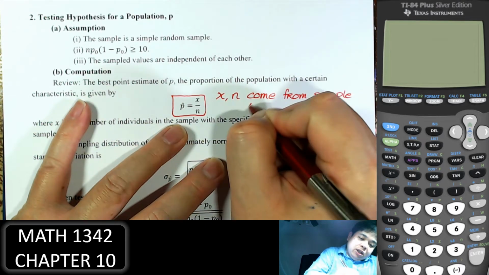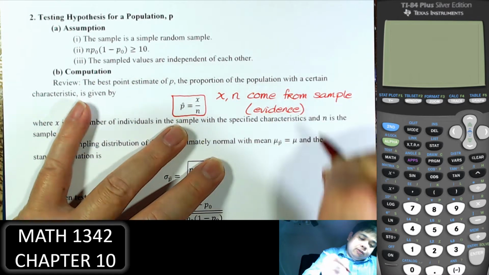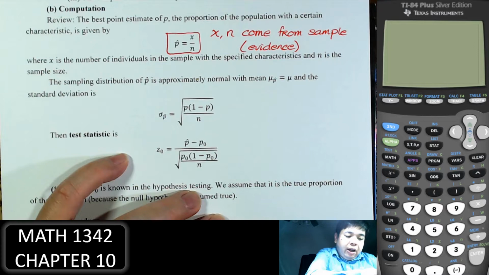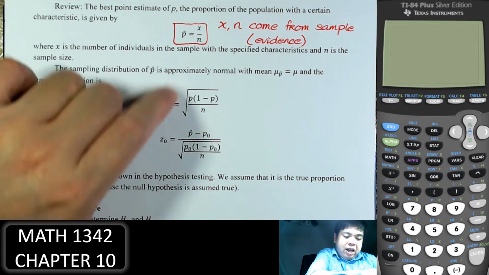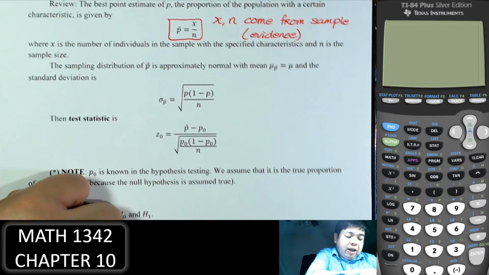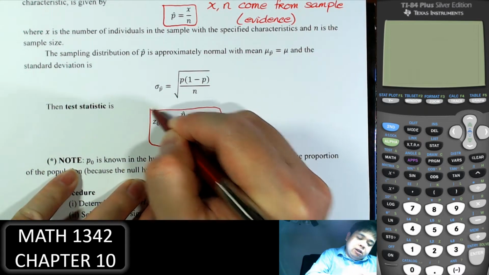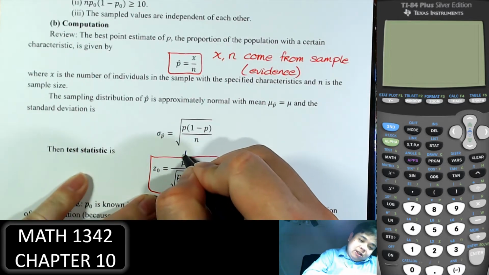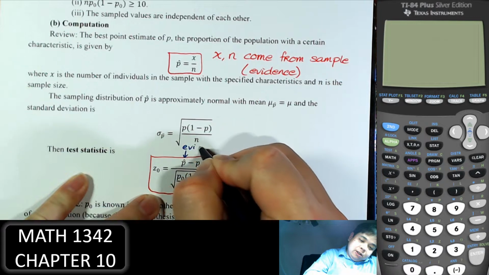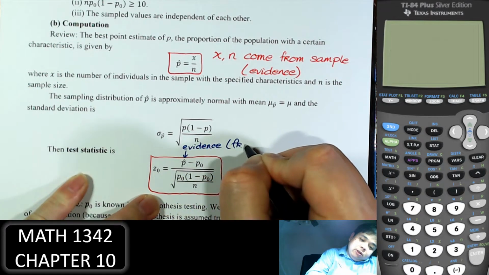And in this case we say that is the evidence. And so we can calculate the standard deviation of that. And the test statistic is going to be this. Again, this is the evidence, or from sample.